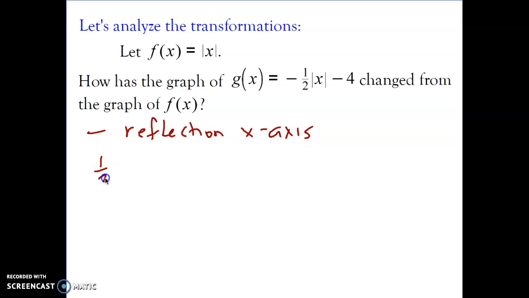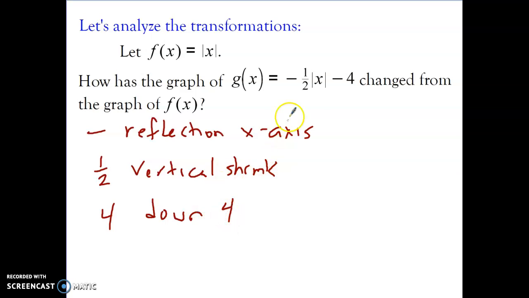And the 1/2, totally separately from that, is going to be a vertical shrink. And that 4 on the outside, that's going to move the graph down. So don't think about this as -1/2. Think about it as a negative and also a 1/2, because those do two separate things.